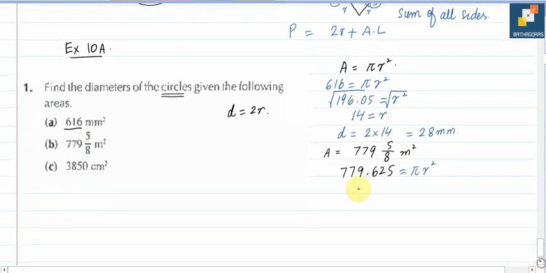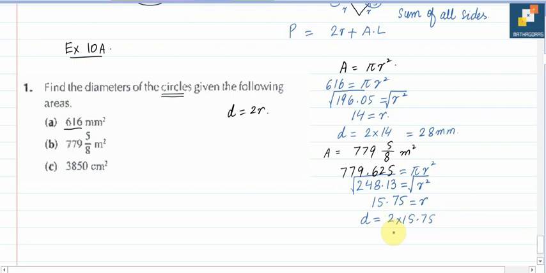Now the working formula for area is pi r square. Now you need to divide this expression by pi. So it will be 248.13 is equal to r square, and then root on both sides. So it's 15.75 is equal to r, and diameter is equal to 2 times 15.75.